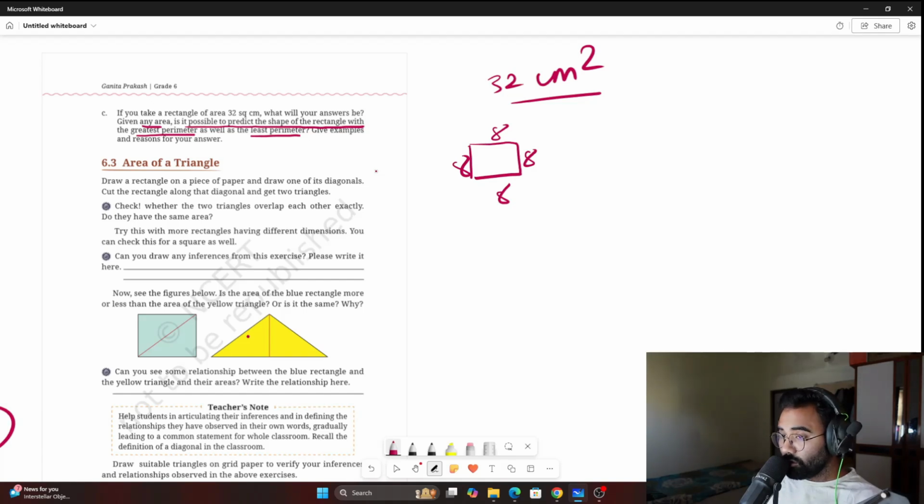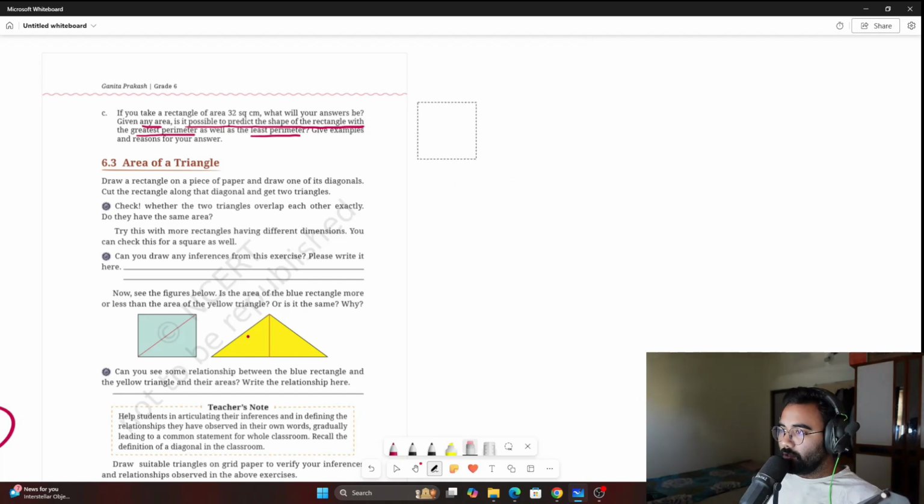No, this is an area. My mistake. 32 centimeter square is area and not perimeter. So the area over here is 32 centimeter square, and then this question becomes fairly easy.